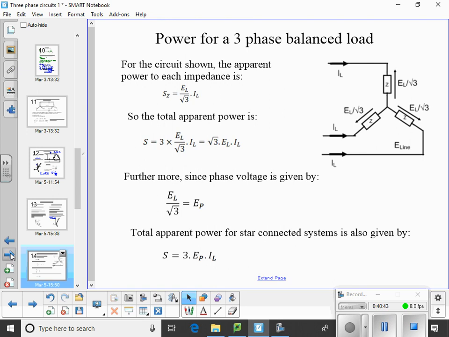Furthermore, since phase voltage is given by EL over root 3, which is equal to EP, we can say the total apparent power is 3 times E phase times the line current. If you don't understand where this comes from, do 3 over root 3 in your calculator.